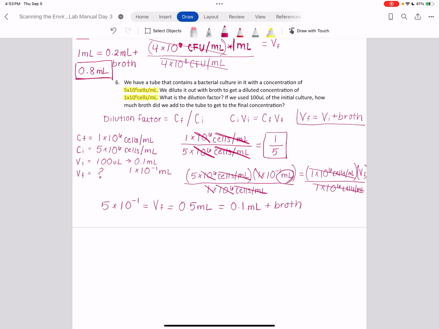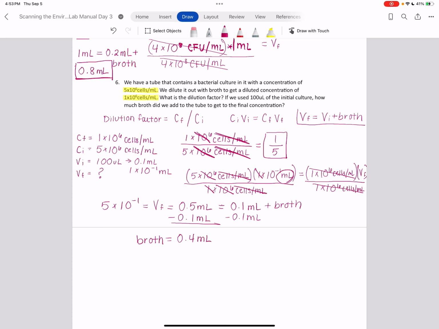So if I just kind of continue on this equation over here, what I will do is I will subtract this 0.1 from both sides. And you'll see here, again, the math really isn't that hard once we really get down to it. This leaves us with our answer that the broth volume, the amount of broth we needed to add to our tube, is 0.4 milliliters.